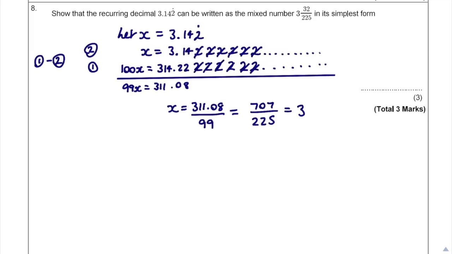So if we do 707 minus 675, that gives us 32 as our remainder out of our denominator, which is 225. So therefore, we have shown that this is our final answer.